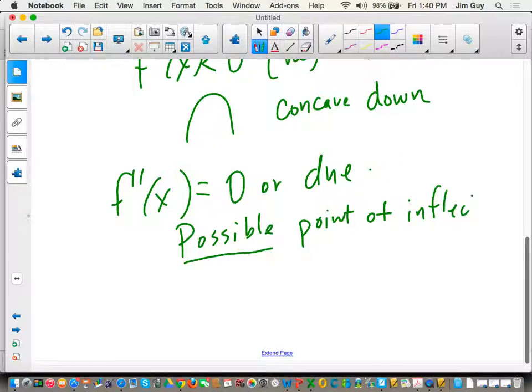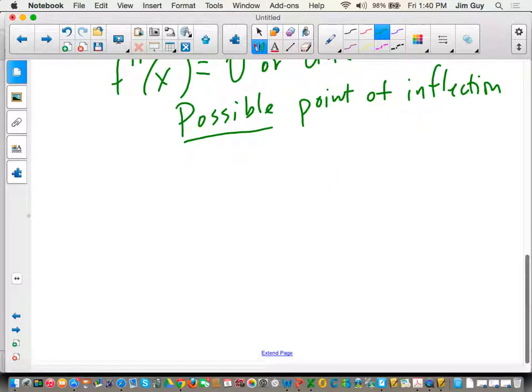It doesn't have to be. It only is if it actually changes concavity. You can have a situation where it goes concave up, then 0, then concave up again. It doesn't change concavity, so it is not a point of inflection. Okay? You following me?